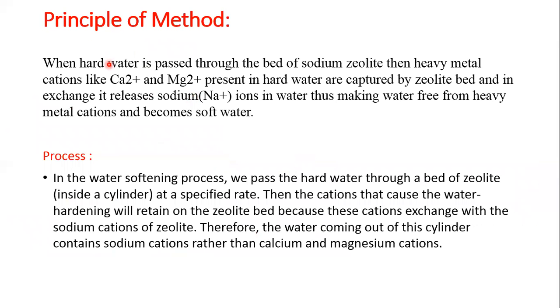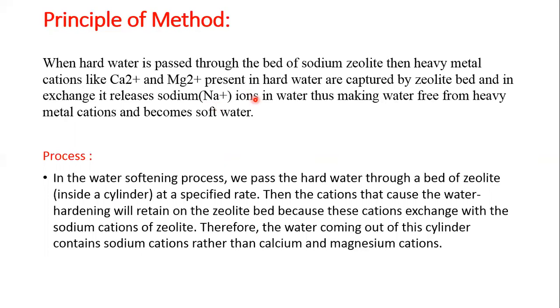Now let us see what is the principle of this method. So when hard water, which has hard metal ions or heavy metal ions, is passed through the sodium zeolite bed, where sodium is in the loose form, then the heavy metal cations like calcium plus 2 and magnesium plus 2, which are present in the hard water, get captured by the sodium zeolite bed, and in exchange it releases the sodium plus ion.